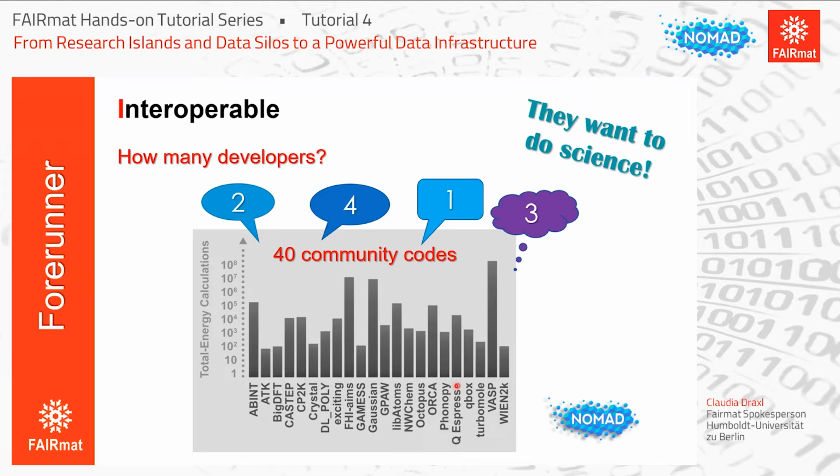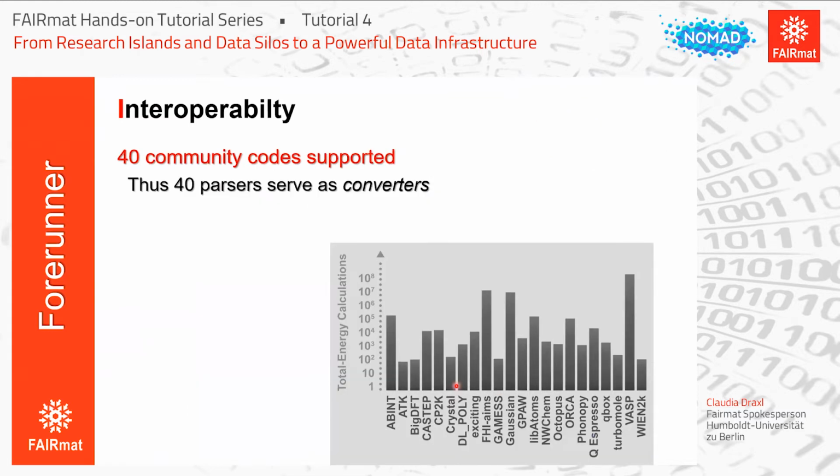So it's up to us to take care of the description of data and support the community and the code developers in this respect. This is the reason why we have written parsers for each of these codes, which at the same time serve as a converter, because internally at least we have to store everything in one common format.